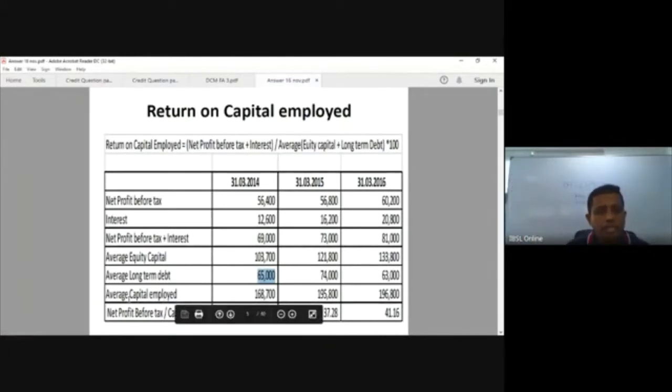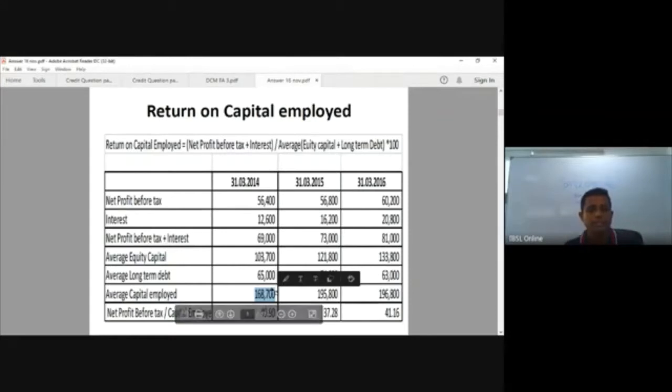Now, average total capital employed equals average equity capital plus average long-term debt capital. Here, 103,700 is the equity capital and 65,000 is the average debt capital. Then the average total capital is 168,700, the addition of these two.